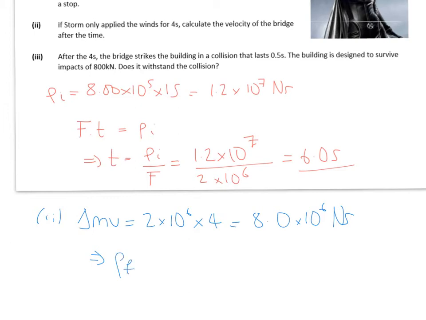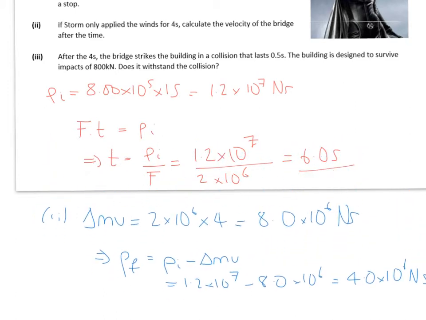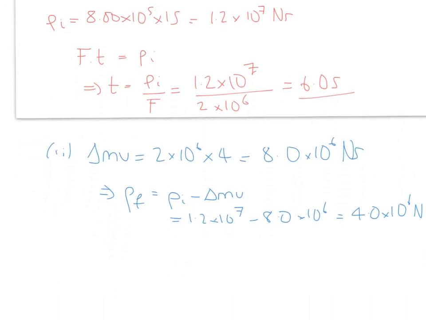So the final momentum is going to be the initial minus the change. So it's going to be 1.2 times 10 to the 7, or like 12 times 10 to the 6, minus 8 times 10 to the 6, which is 4 times 10 to the 6 Newton seconds. So that's the momentum after the force has been applied for that period of time.